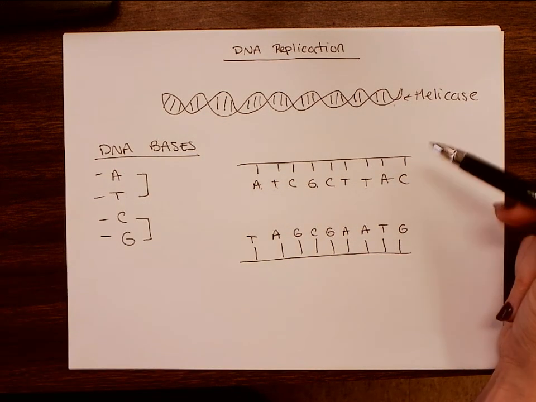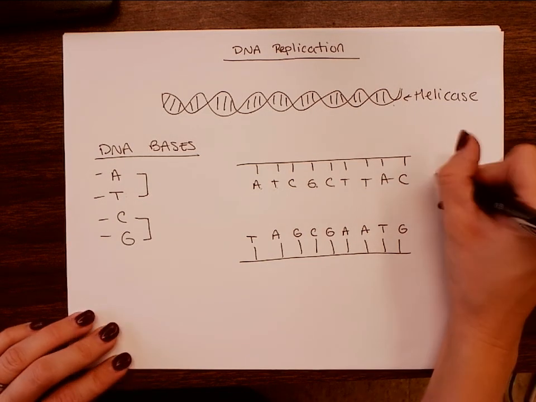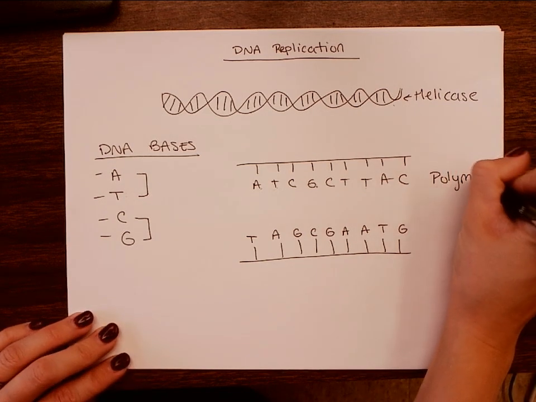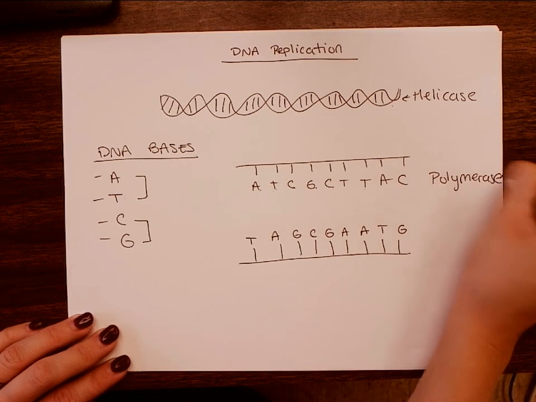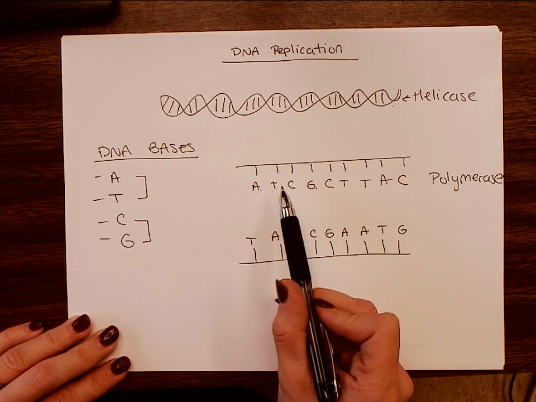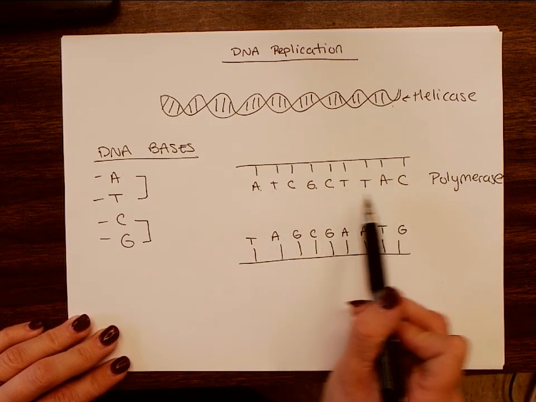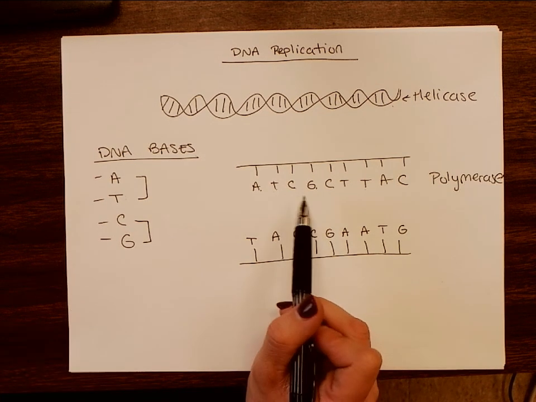To make 2 new strands, we're going to use an enzyme called polymerase, and it is going to read this half a strand of DNA, and it's going to be able to add the complementary base and make our new strand of DNA.